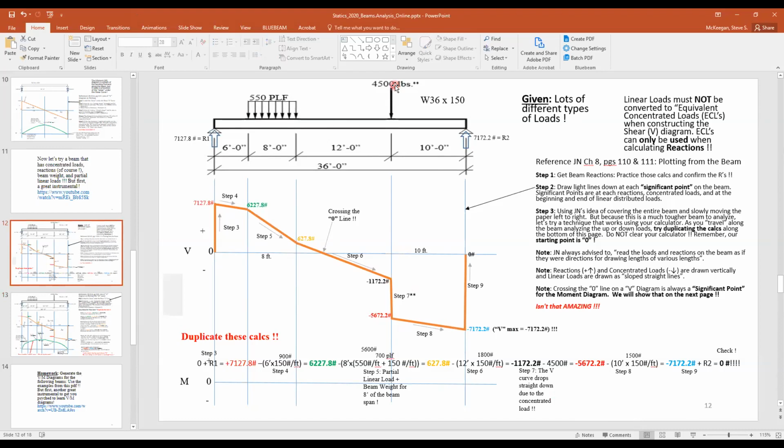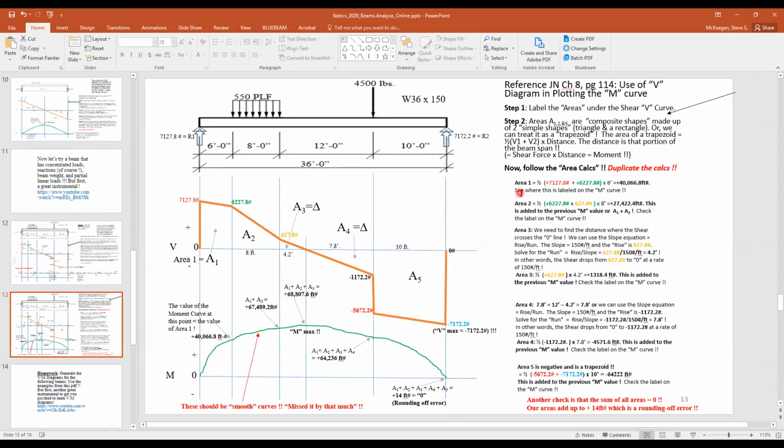So from now on, beam B3, you want to label Vmax and eventually Mmax. We're going to use that when we analyze the beam or the girder or the deck joist for stress calculations, which ties in the statics. This is all statics, and it ties in the strengths of materials.